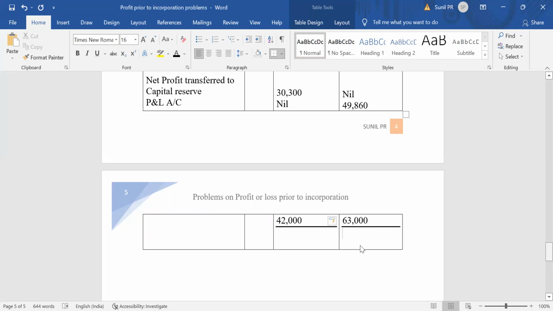So now I will give you one more problem. One piece of information will be missing, the gross profit. Or else I'll try to give you the same problem which I worked out.